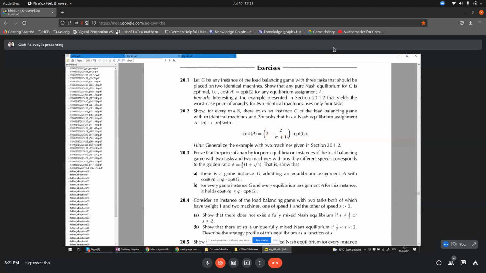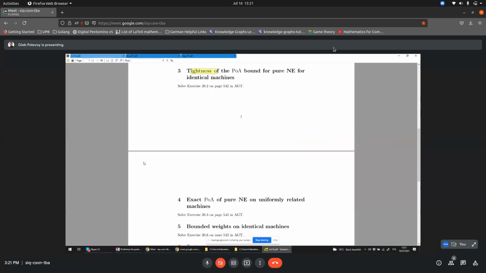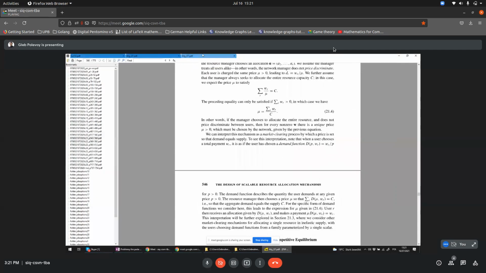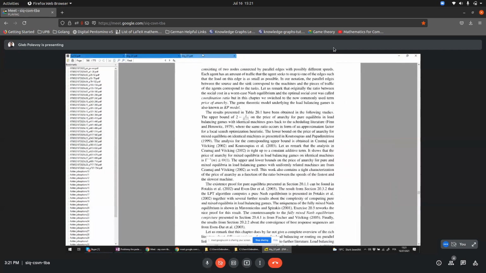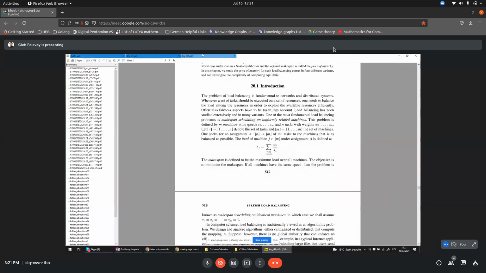The hint is that we need to generalize the example from section 21.2. Let's go back to that section.